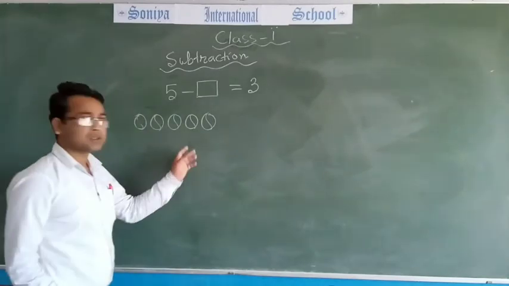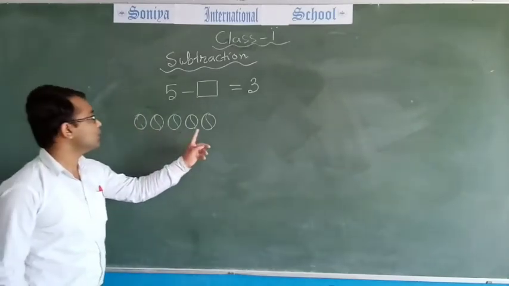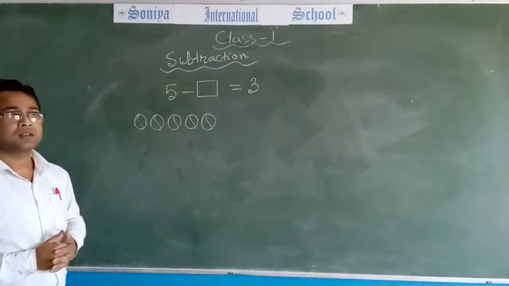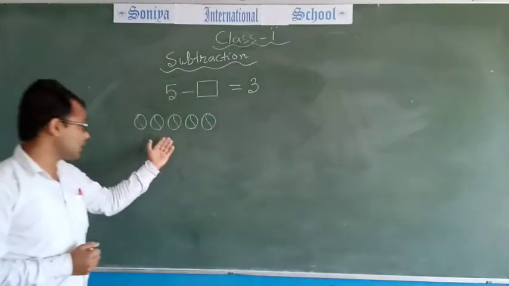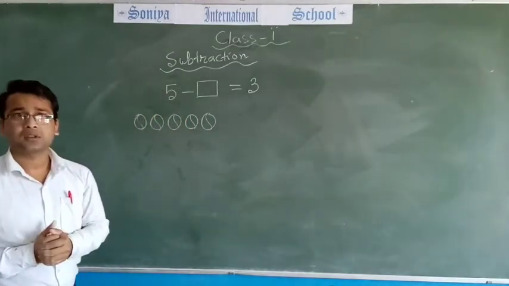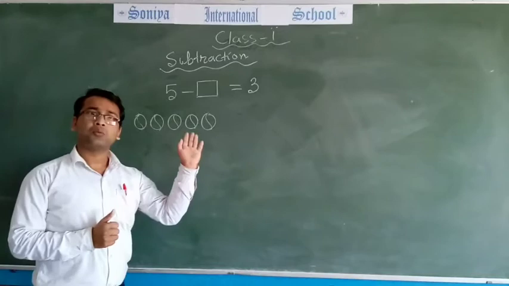How many balls? 1, 2, 3, 4, 5. 5 balls here. And answer is 3. Then take away 3 balls.